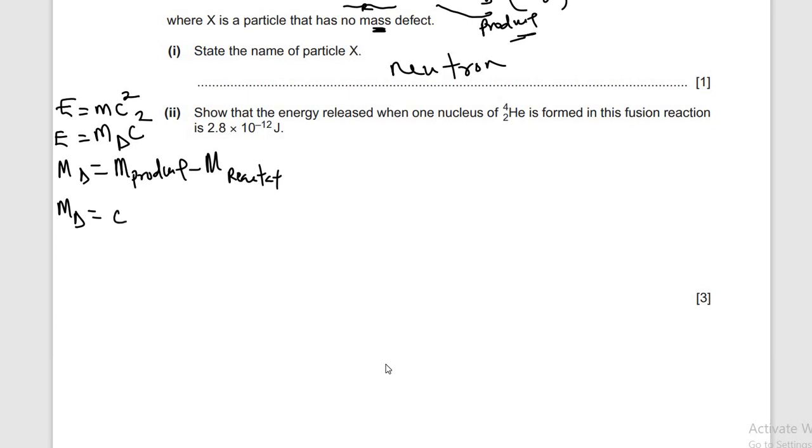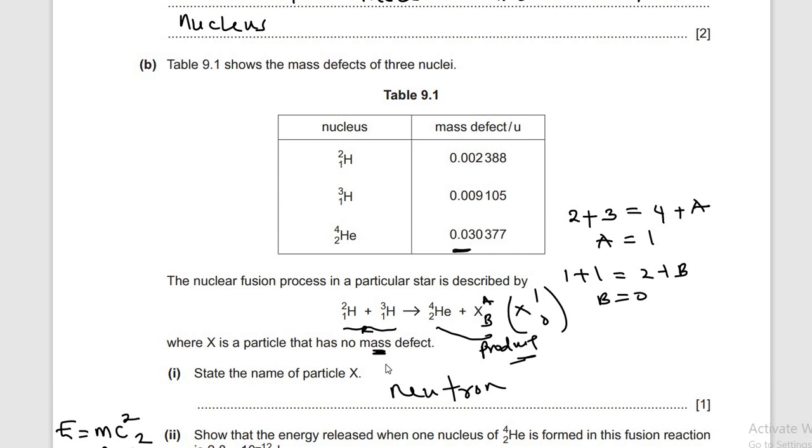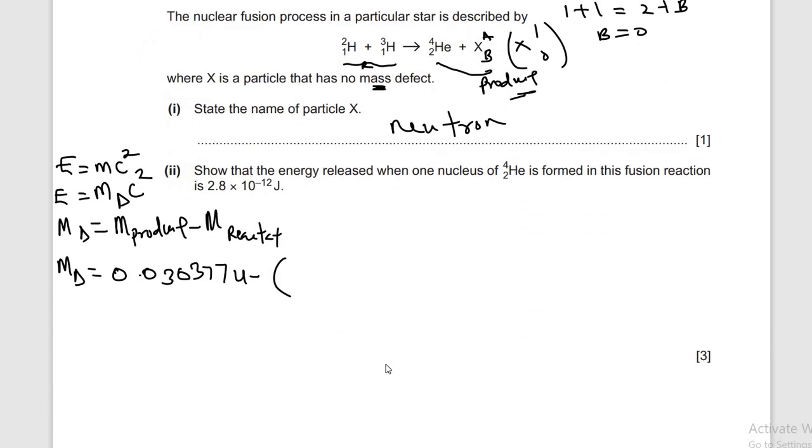So the mass of the product is 0.030377 u minus the reactants, the 2 deuterium: 0.002388 plus 0.009105.